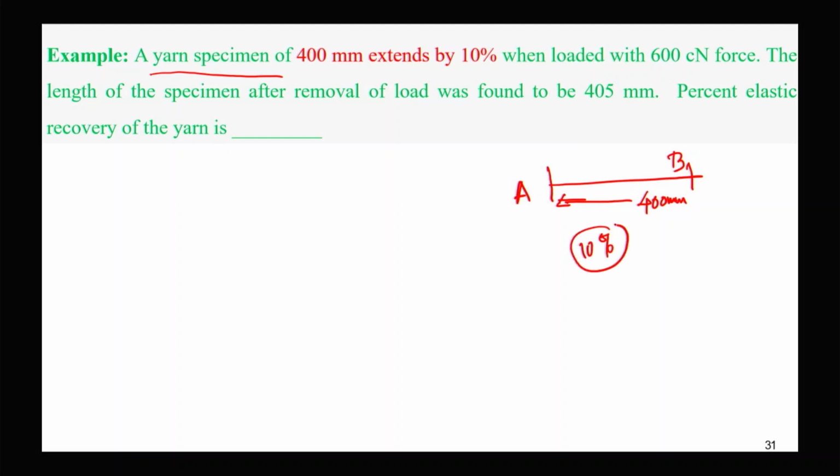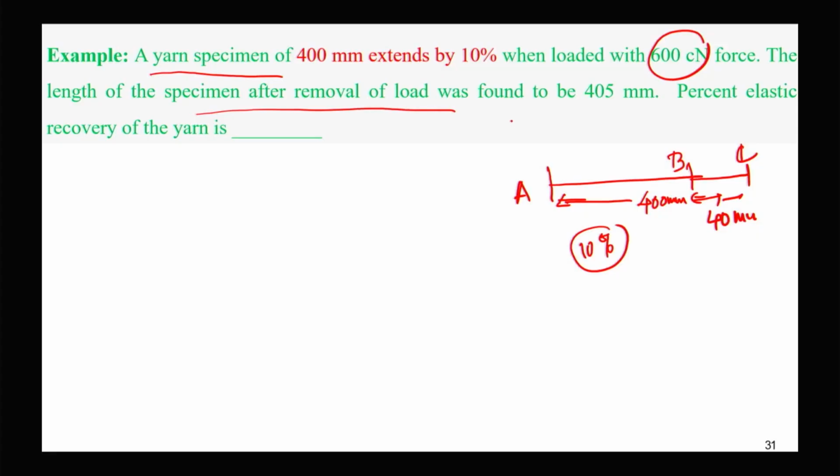That means we are extending it by 40 millimeter, this BC is 40 millimeter, and loaded by 600 centinewton.